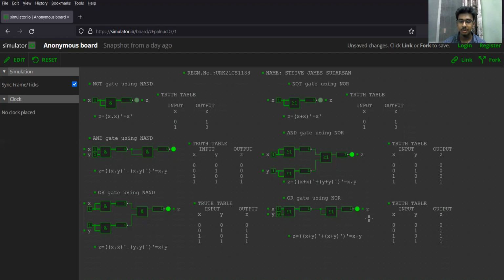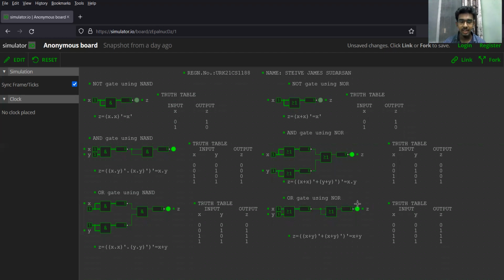If both values are 1, it also returns 1. Hence we confirm that z equals x plus y, the complement, plus x plus y, the complement, to the whole complement, returns x plus y, which is the formula of an OR gate.